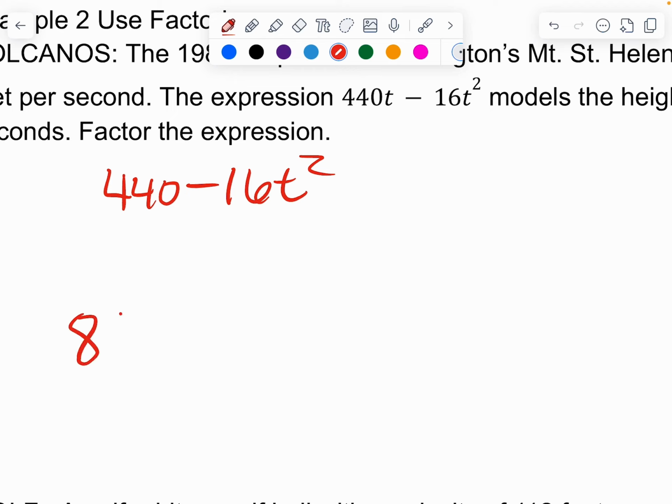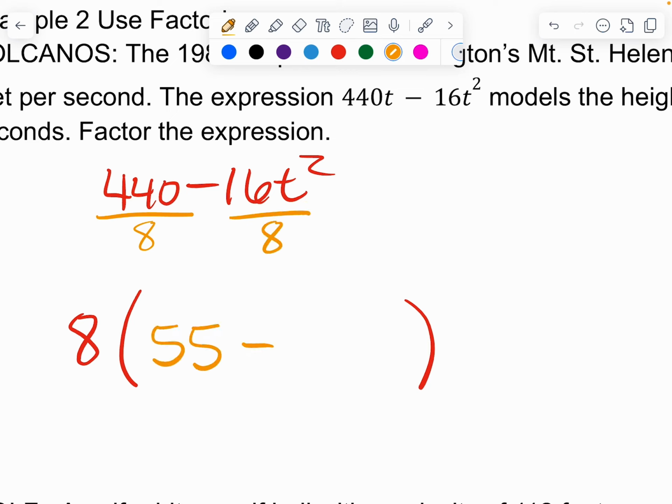How did I know that? I just tried it. Only one of them has a t, so I need to do this. I divide by 8 here and I would get 55t minus, divide by 8 here, and I would get 2t squared. And there you have it.